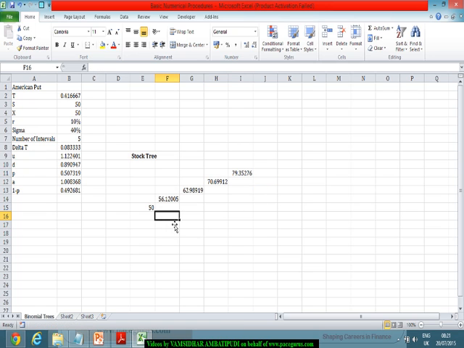Now similarly I can put the down factor, so this price multiplied by the down factor. So I am getting it over the entire 5 periods. Either I can take the ups, because ups or downs remain more or less the same. I can repeat the same for all the ups.